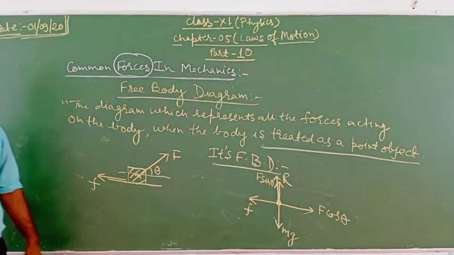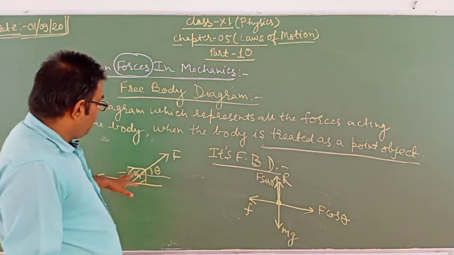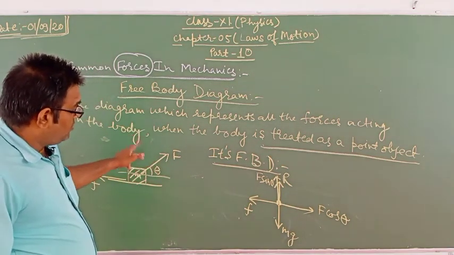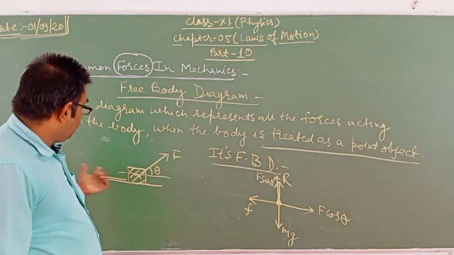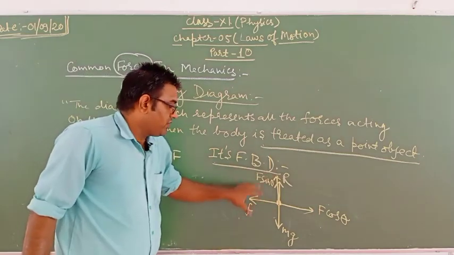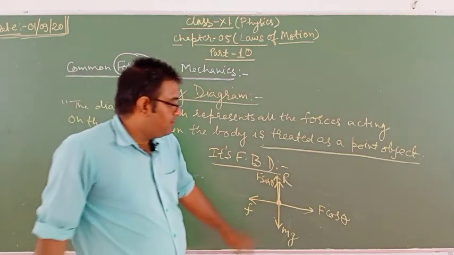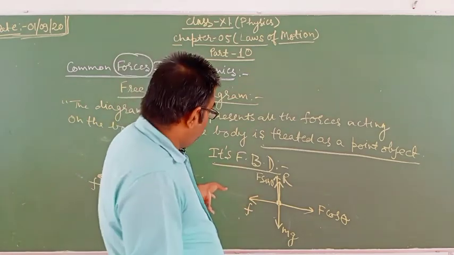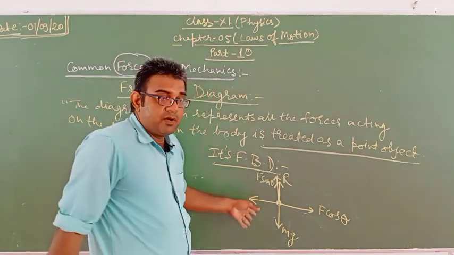So this is the free body diagram: we have resolved the force into its two components, with the normal reaction, the weight mg and this force F. All the forces we have represented in a single diagram. So you can say that this is the free body diagram.